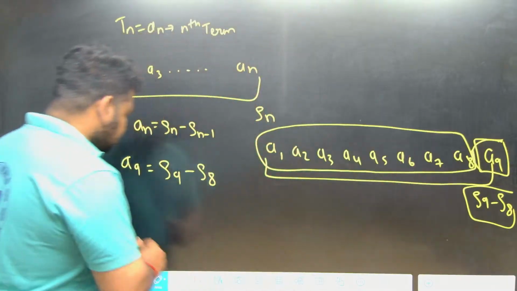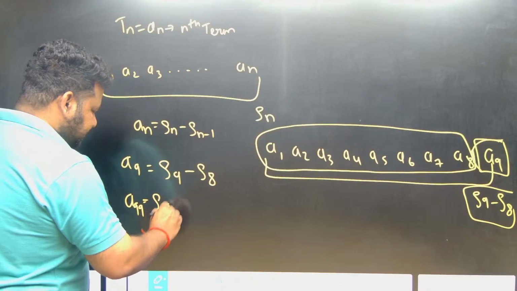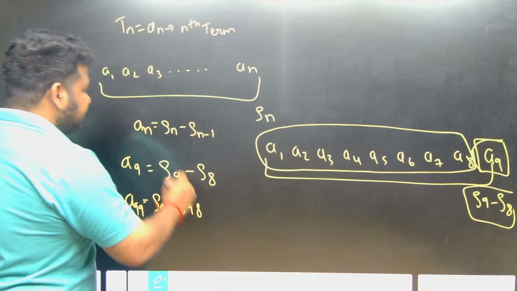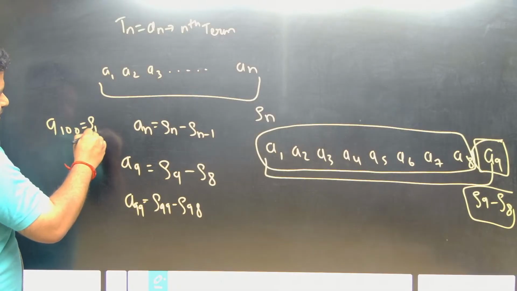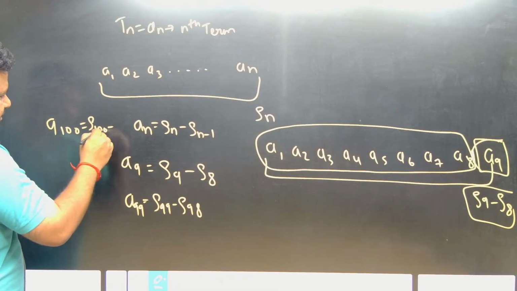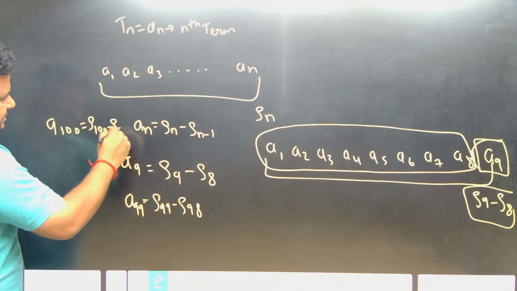Suppose you want to find A99, you should know the formula will be S99 minus S98. Suppose you want to find A100, you will find it as S100 minus S99.